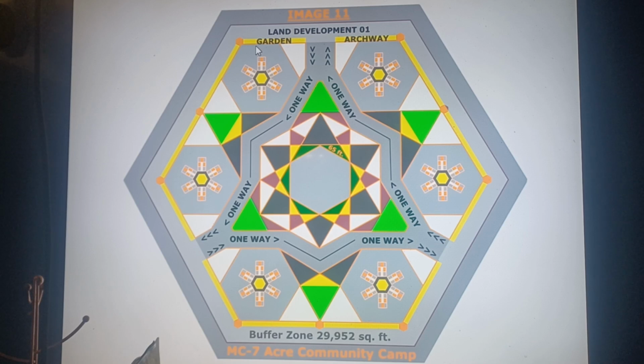And you times that by 3, and we should get an acre. 43,559. We can divide that by 43,560.